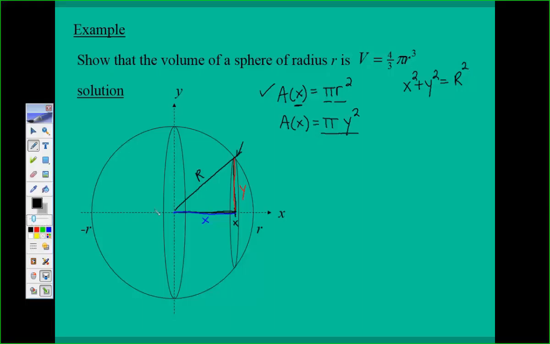If we had a cross section right here, when we looked at this x value and the y value, this r would still be the same. So that's always a constant. So let's replace our y squared. If we solve for y squared, we would have r squared minus x squared.